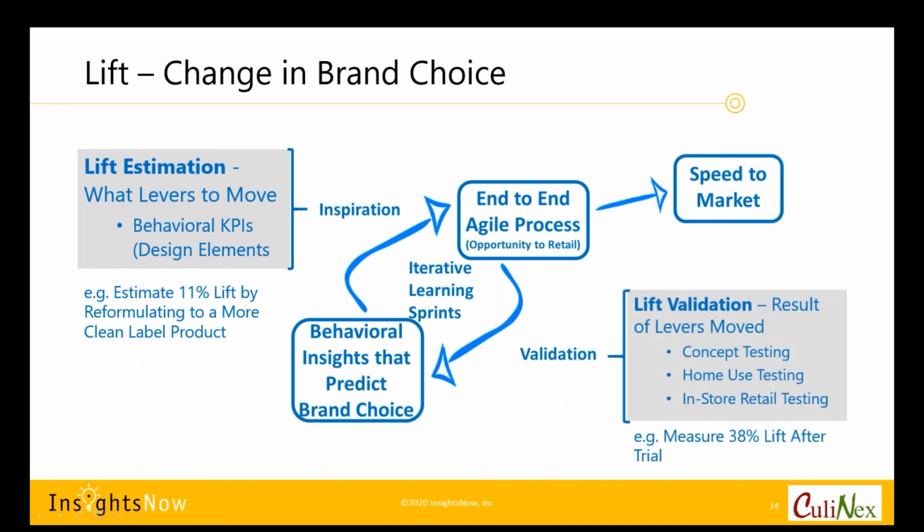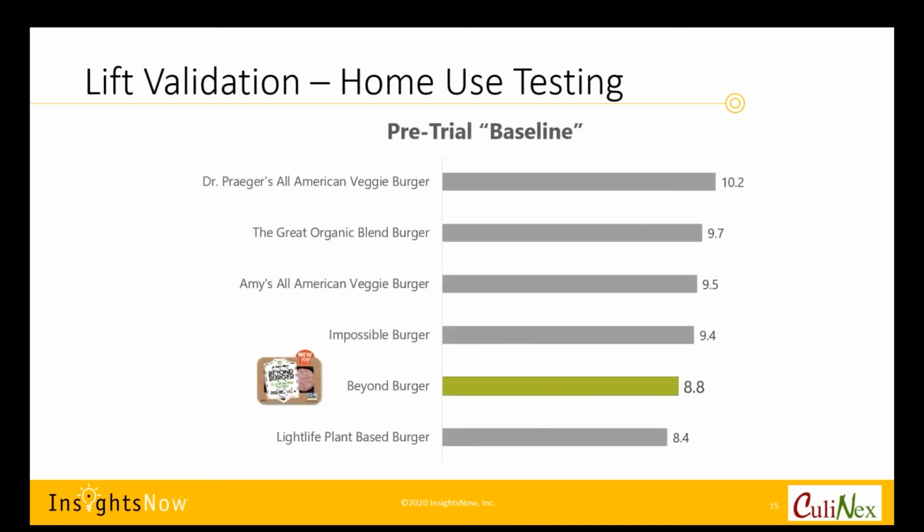And then at the back end of each of these iterative learning sprints, you can use lift as a way to determine whether you actually moved the dial. So at the end of a concept, you can do concept testing or home use testing or even in-store retail testing where people take product home, and we can measure lift there. As an example, on a home use test, you create a baseline before people try products.